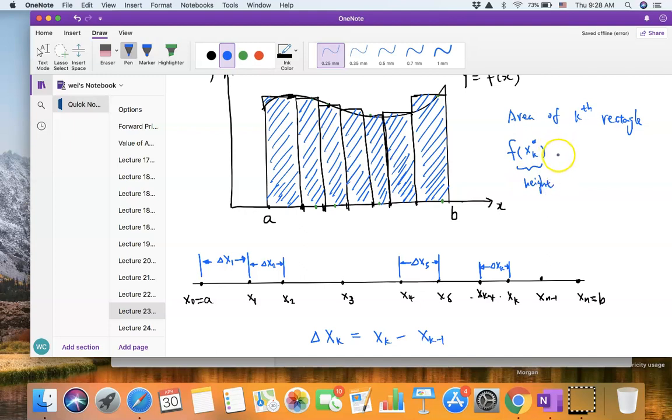And the width is the length of the kth subinterval, which is delta x sub k.